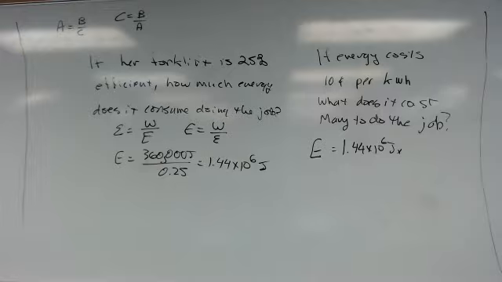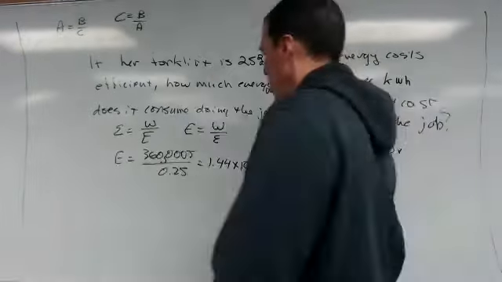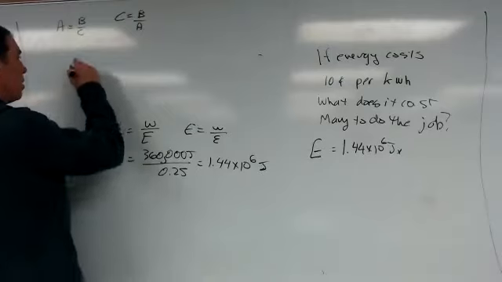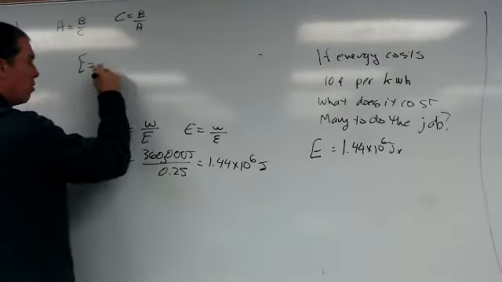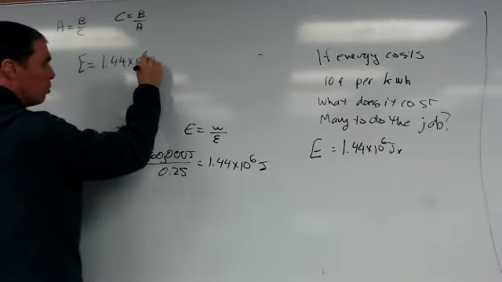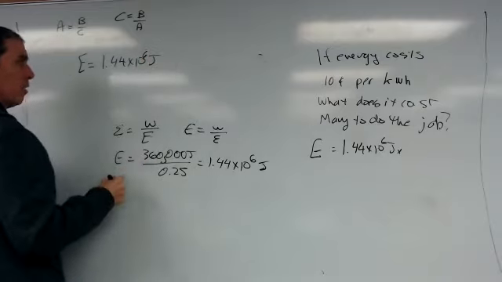So we have to do the same conversion we did a minute ago. I'll do it over here. The energy is 1.44 times 10 to the 6th joules, but we want to convert that to kilowatt hours.